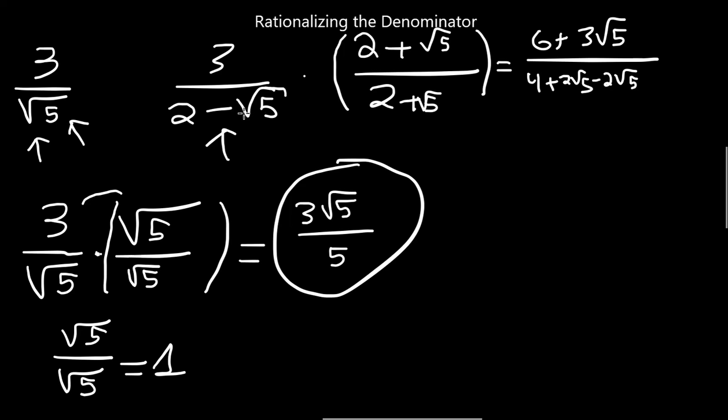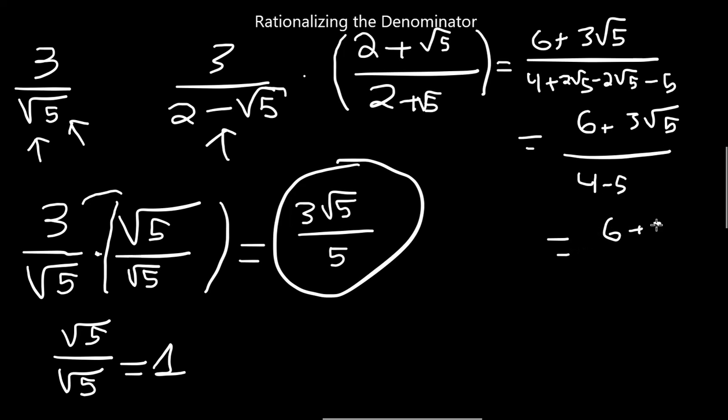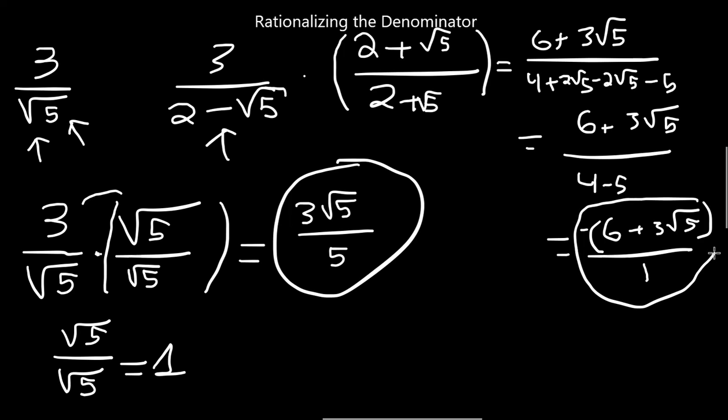And then square root 5 times square root 5 with a negative is minus 5, which will simplify to 6 plus 3 square root 5 divided by 4 minus 5, which will become 6 plus 3 square root 5 divided by 1, and then I'm going to put the negative up here. So that would be my final answer.